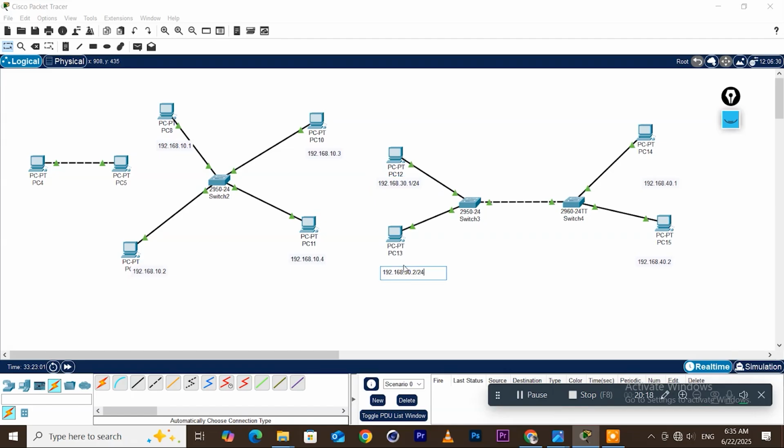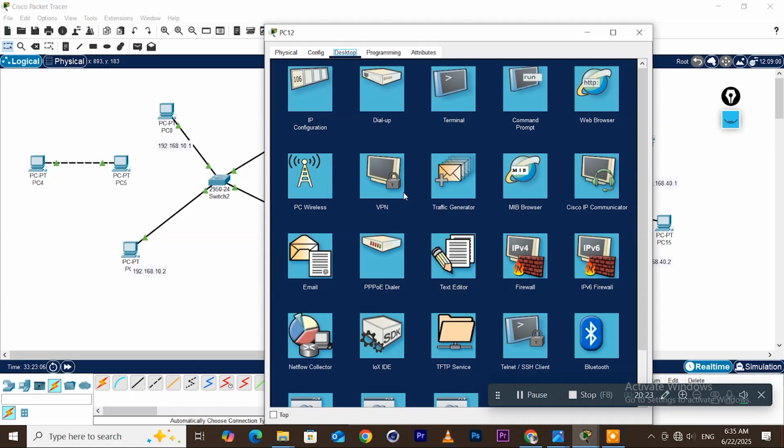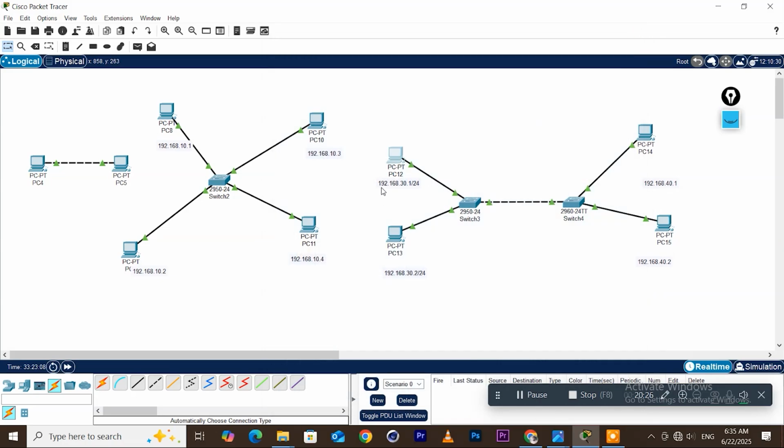In order to avoid the video being lengthy, let's just say all of them are /24 IP addresses. So the first three octets of the IP address stand for the network ID, and this last one stands for the host ID. Which means the first three octets occupy the network address, and this one is the host address.